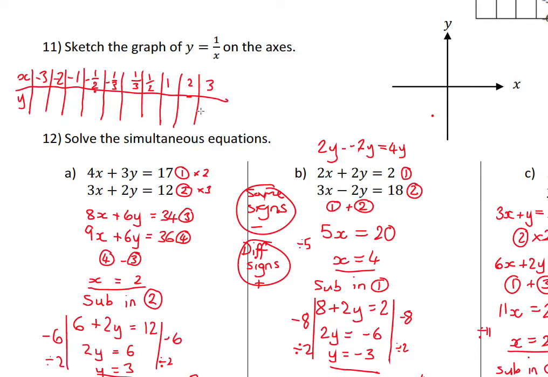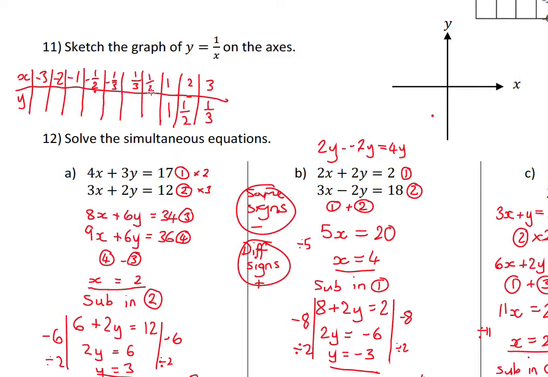But as we substitute these in, let's start with the positive ones because they're probably easier. Y equals 1 over x. That just means 1 divided by x. Now, 1 divided by 3, we could write as a decimal, but it's much easier to write as a fraction because it would give a recurring decimal. So just write that as 1/3. 1 divided by 2, 1/2. 1 divided by 1, well, we know that would be 1.